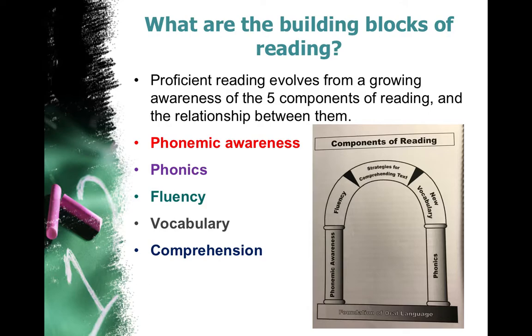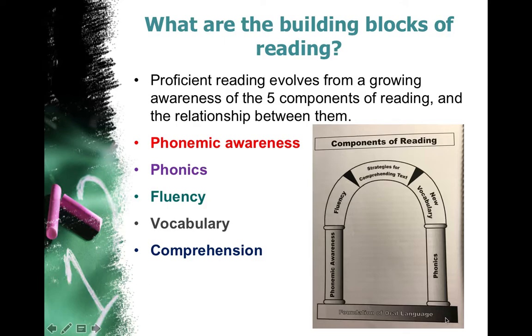You can see this reading arch. It's the components of reading from Dawn's book. And at the very bottom, we have the foundations of oral language. And our components of reading are built upon this. This is something that happens indirectly from birth to prior to coming to school.